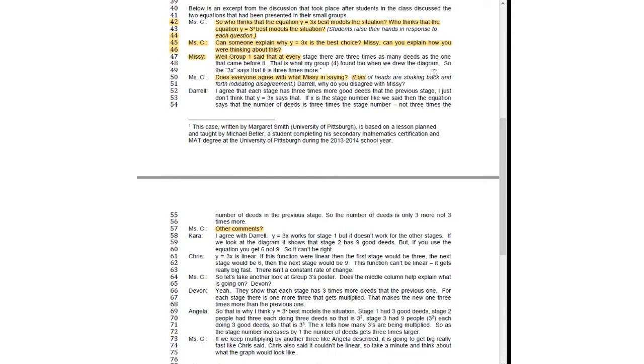And if you notice, not once during this discussion did she take over the conversation. She continued to use purposeful questions to generate that discussion. And she also used purposeful questions to help students see the relationships between the different solution strategies they had come up with, starting in this area.